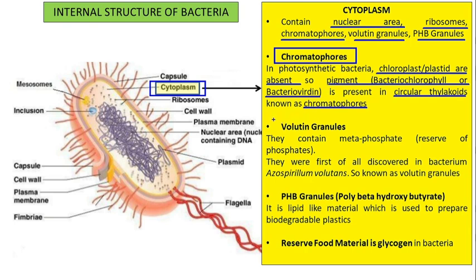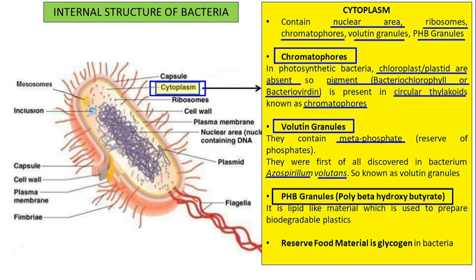The next thing that is present in cytoplasm is volutin granule. Volutin granules contain metaphosphates, that means a reserve of phosphate, and they were found first in Spirillum volutans. So these are also known as metachromatic granules. The third category is PHB granule, that means poly-beta-hydroxybutyrate. Poly-beta-hydroxybutyrates are very similar to lipids, but they play a very important role in degrading plastics.